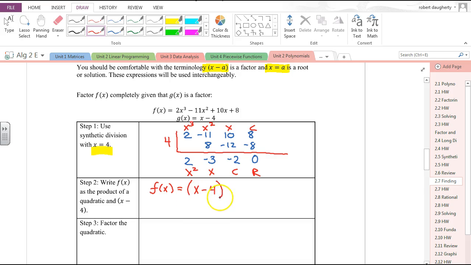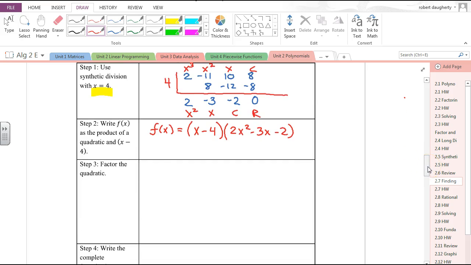And then what's the other factor? Yeah, 2x squared minus 3x minus 2, okay? It's not completely factored because now I need to factor which one of these? The quadratic. So we know how to do that.